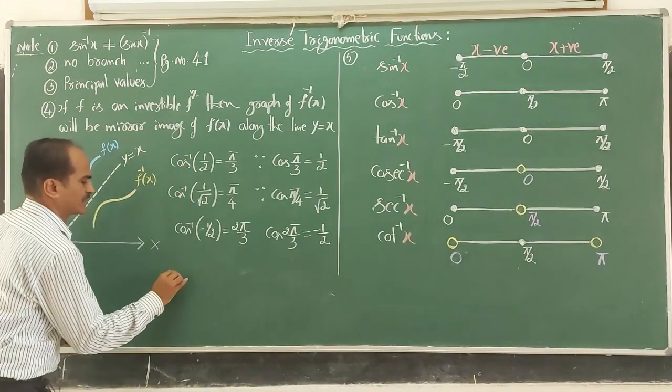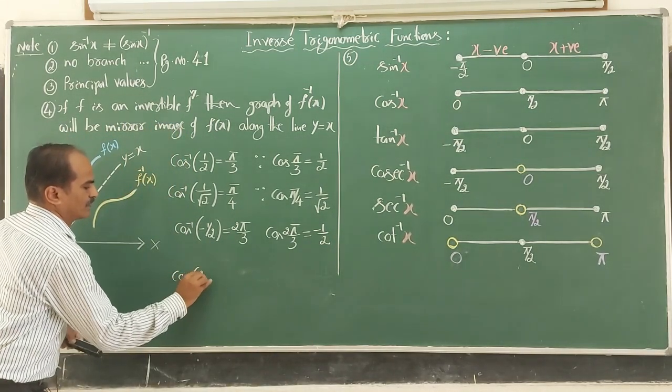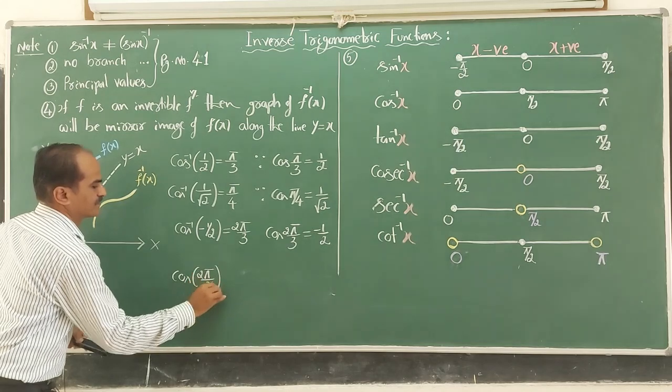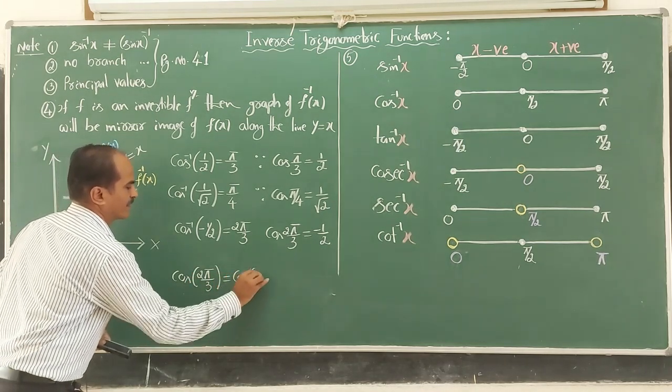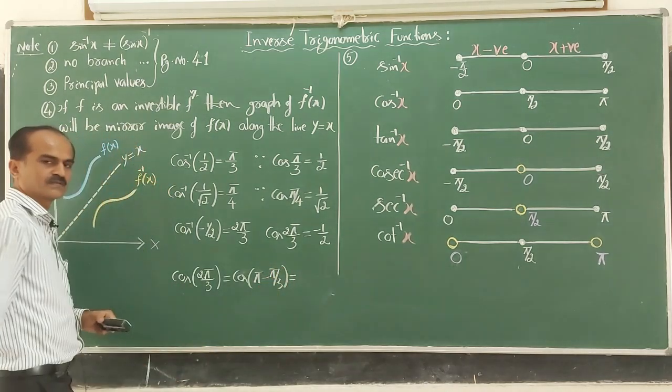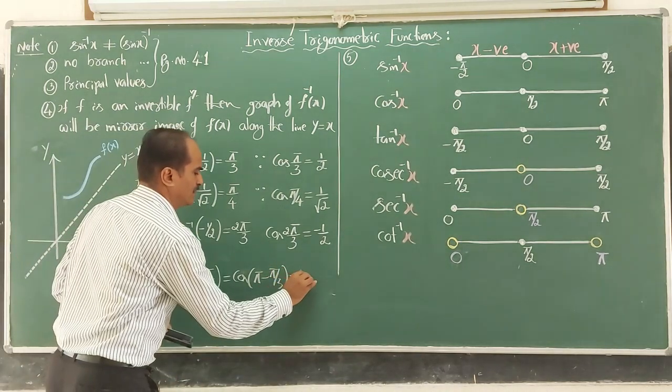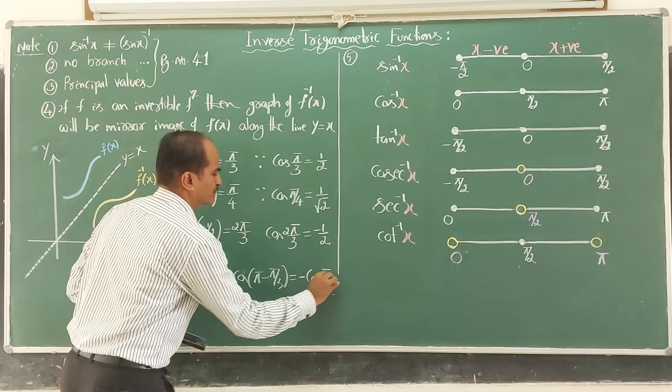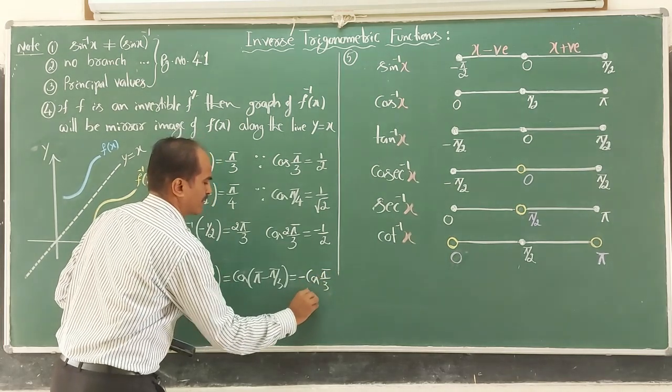If you have forgotten how to simplify this using allied angles, cos of pi minus pi by 3, cos of 180 minus theta is minus cos theta, that is equal to minus 1 by 2.